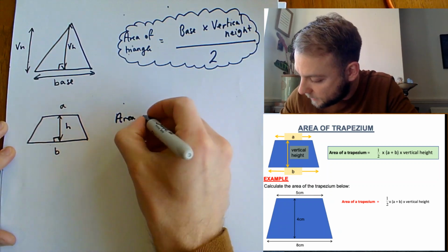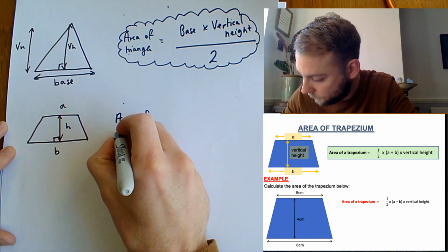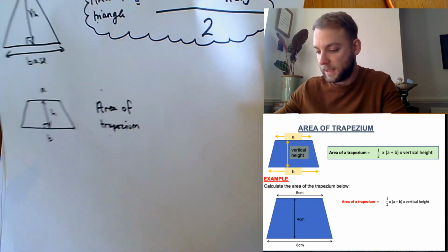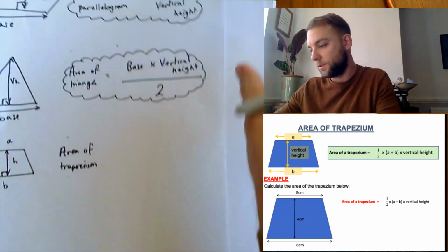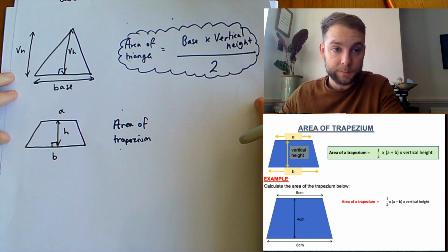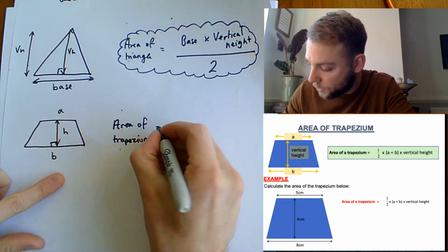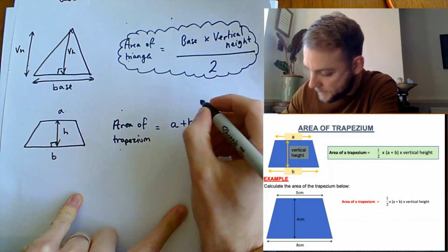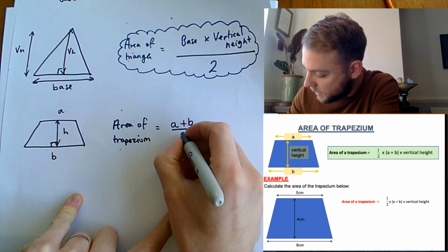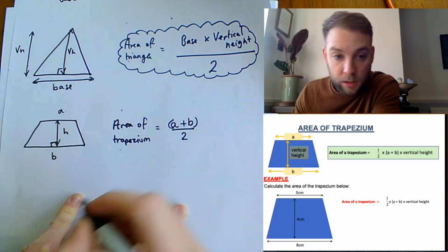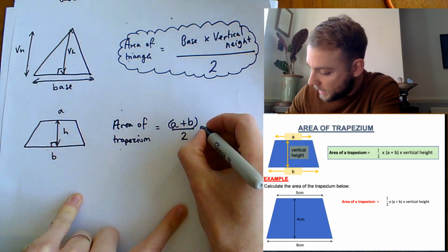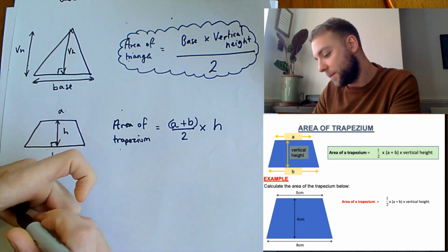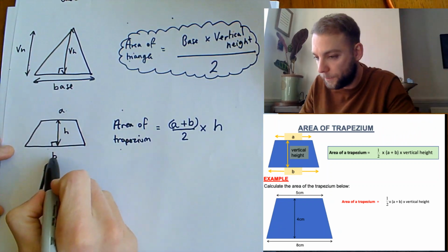So the area of a trapezium is equal to, make sure this is nice and neat, the area of a trapezium is equal to, now the way we do this is we add the A plus B, so A plus B divided by 2, times by that vertical height H. So the way you might want to think about this is that you're averaging out this top and bottom.